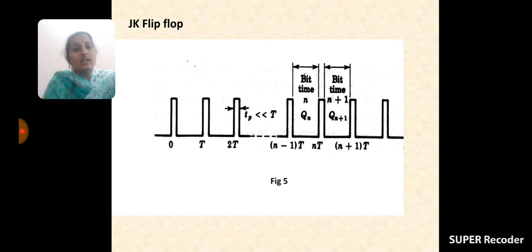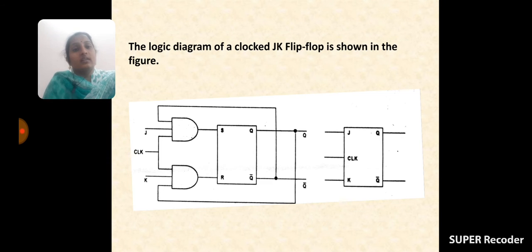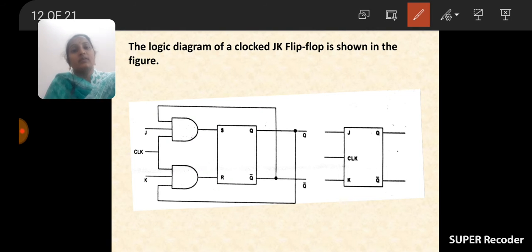For the first clock pulse the output is high, and for the second, R is equal to 0, the output is low. But when both inputs are high, the output is changed, not in hold condition. See here, this is the logic diagram of JK flip-flop. How is the JK flip-flop designed? It is designed by adding 2 AND gates to the RS flip-flop.